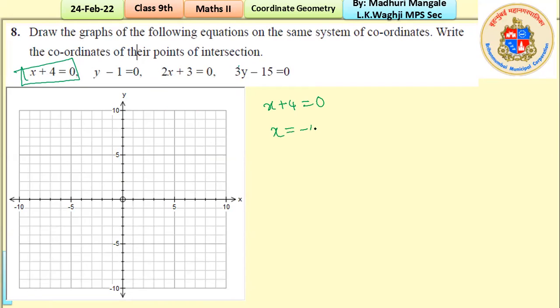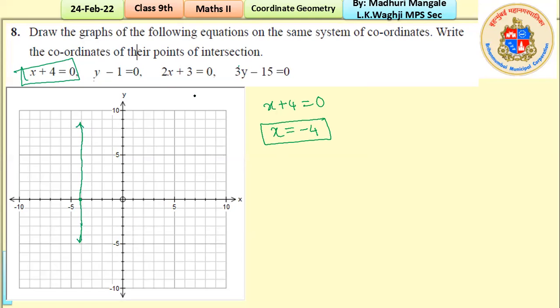So x equals negative 4. That means we have to graph this equation, x equals negative 4. That means the line will be passing through the point x equals negative 4. So on the x-axis, where is negative 4? Check over here. That means the line will be like this, a straight line passing through x equals negative 4.